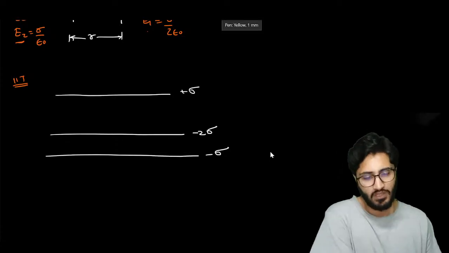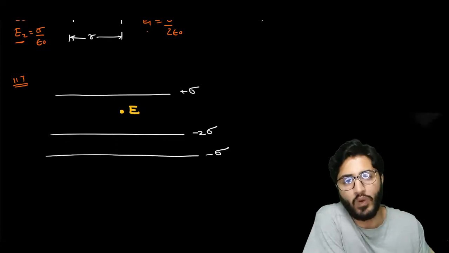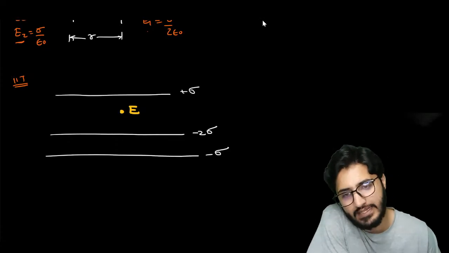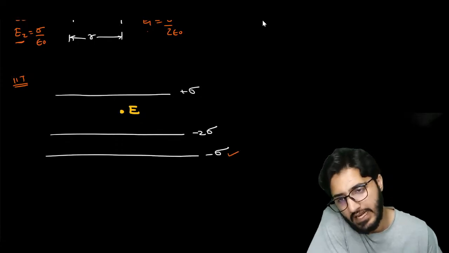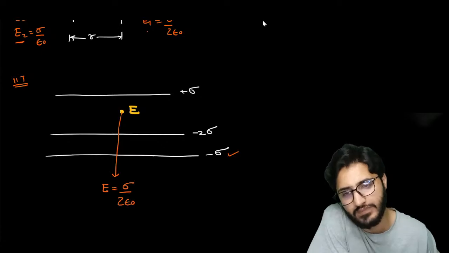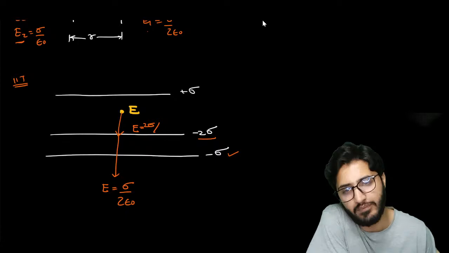Here, what will be my electric field? First of all, I will take this minus sigma. The electric field will be towards it. E will be sigma by 2 epsilon naught. Minus is towards, so it will be in this way. It will be E equals 2 sigma divided by 2 epsilon naught.